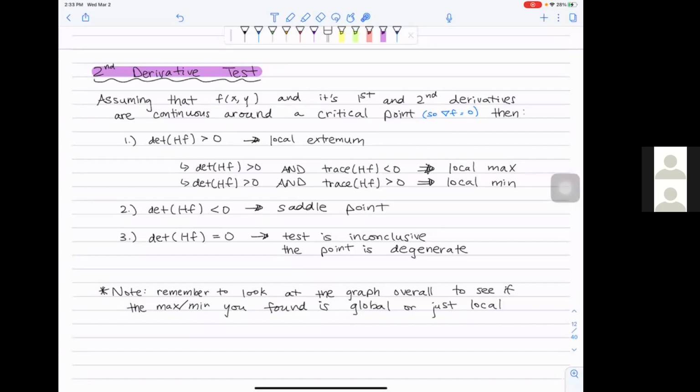But you notice something weird, because if you try to plug in this point, 3 halves, negative 1, into this expression, what do you end up getting? You get 3 halves squared minus 3 halves, which is 9 fourths minus 9 halves. This is not 0.